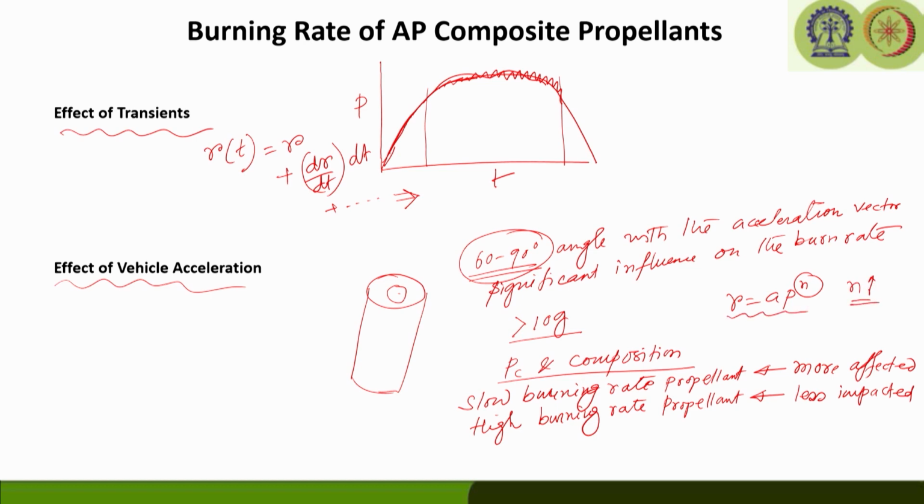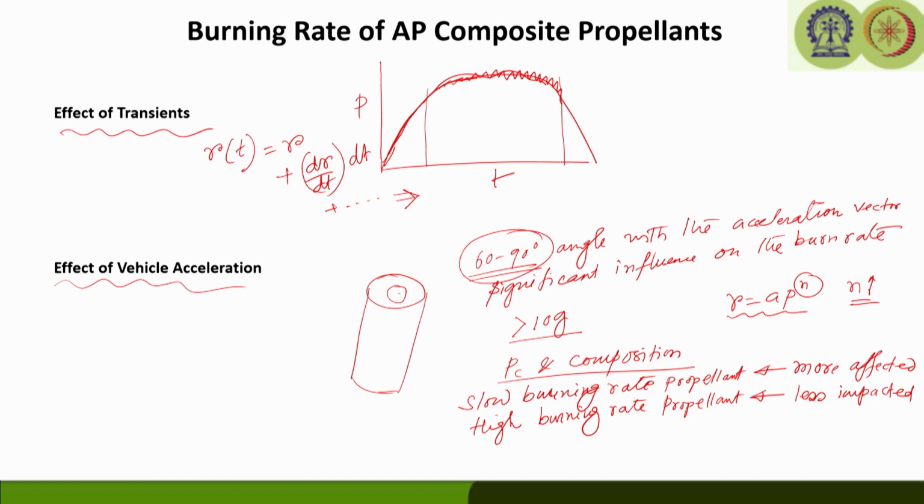So, these are some literatures that may be referred to for this understanding: slow burning propellant will be affected more due to accelerations, whereas high burning rate propellant will be less impacted, and as the acceleration gets higher, the influence on the pressure index n will be higher, or the pressure index is going to increase. Can we really look at certain types of propellants and what exact values or what percentage it is changing? For that, I think some detailed literature may be consulted.